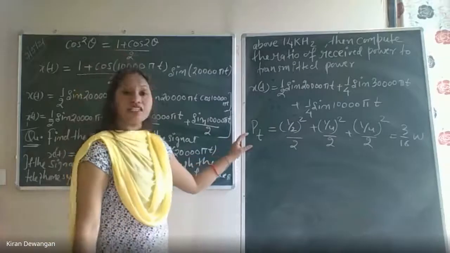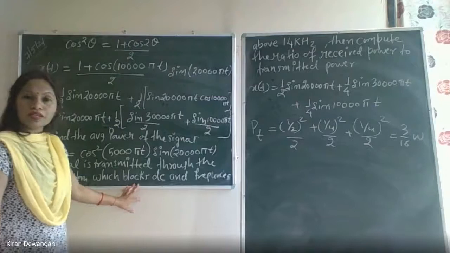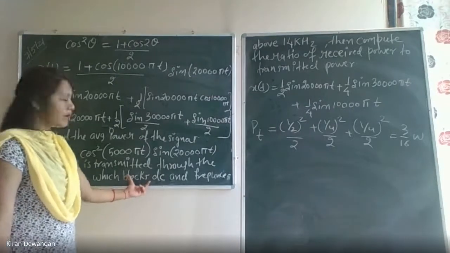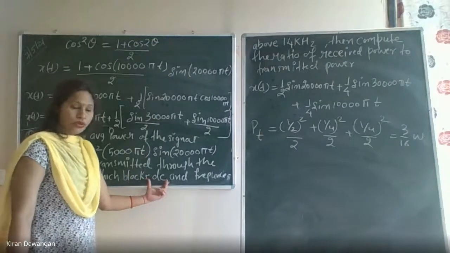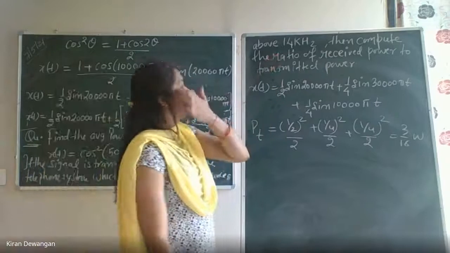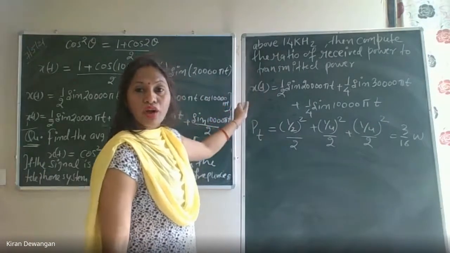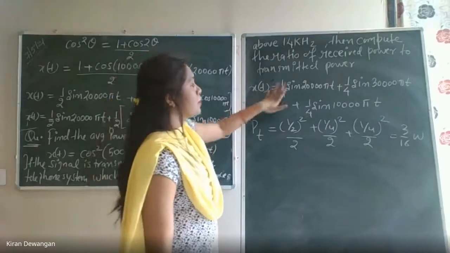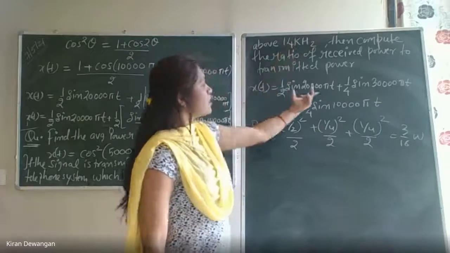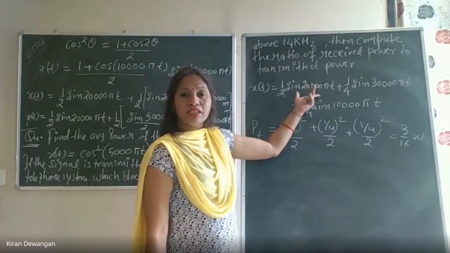Now this is the transmitted power. Now what is the condition in the case of transmitted power for received power? Which frequency is it blocking? It is blocking the DC component and it is blocking the frequency above 14 kHz. So which of these will get blocked? Which particular term will get blocked? If it is blocking the frequencies above 14 kHz, what is the frequency of this?